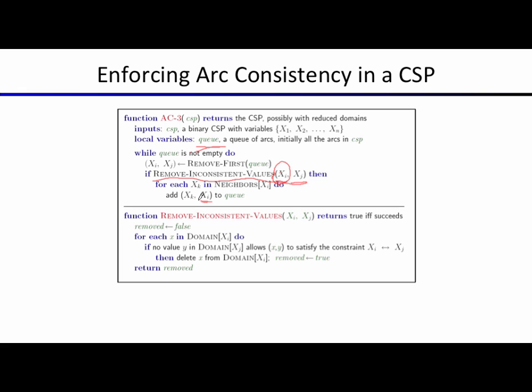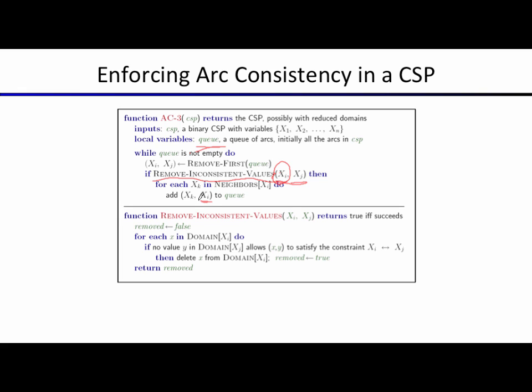What is the runtime? Well, let's think through this a little bit. How many arcs do we have in the worst case if we have n variables? Okay, this is a much simpler question than it seems. I have a graph with n nodes. How many possible arcs are there between two nodes of the graph?